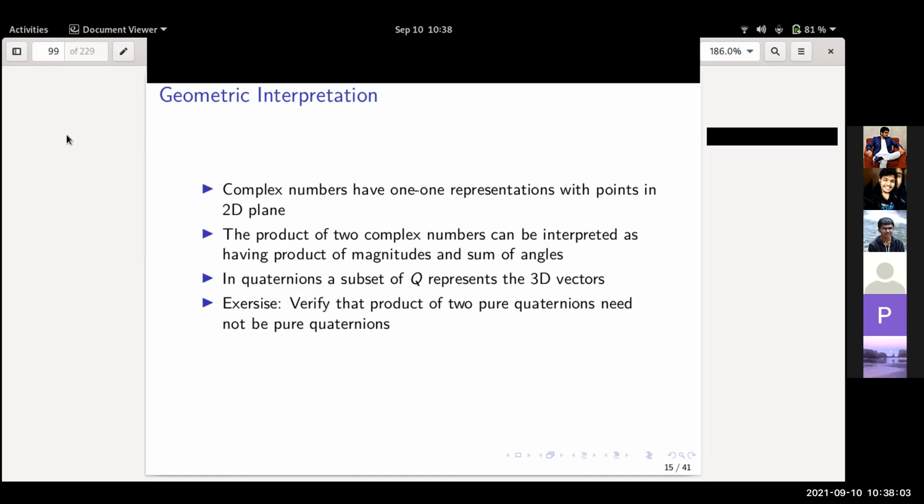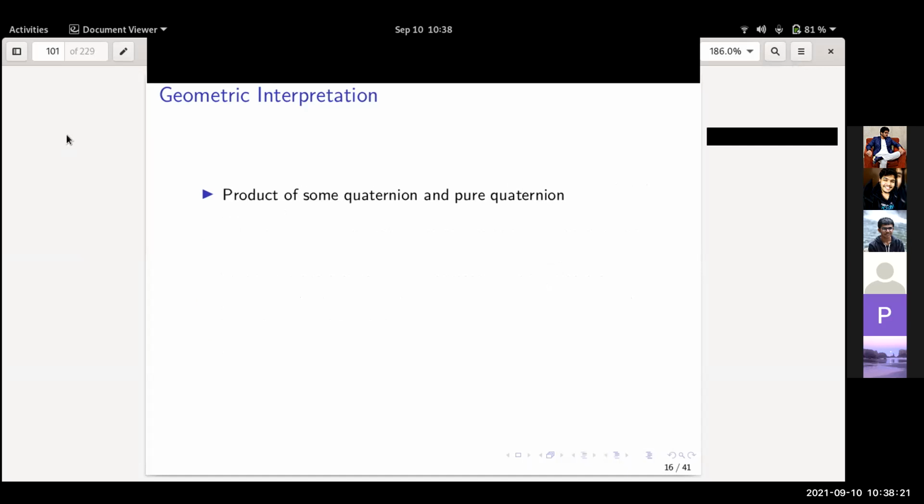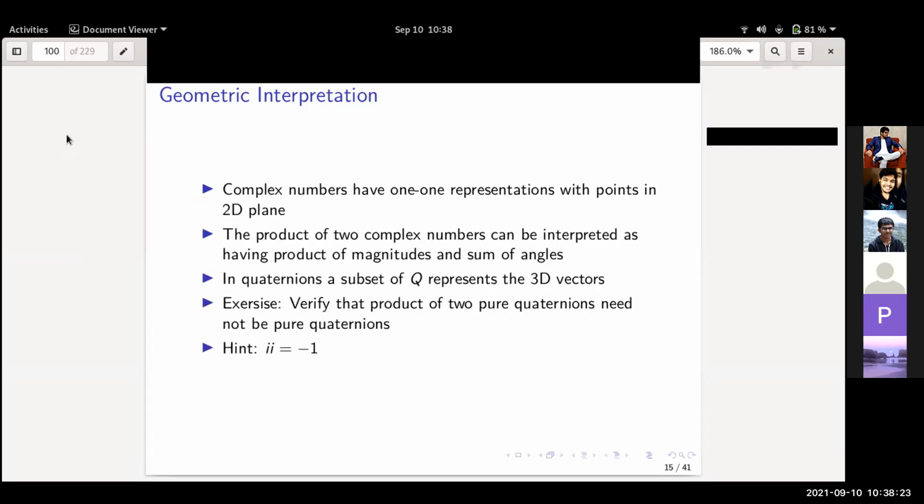For example, if you simply multiply i into i, both are pure quaternions because the real part is 0. You get -1, where the real part is not 0. So we simply cannot apply the product rule. i into i is -1, so this is ruled out now.